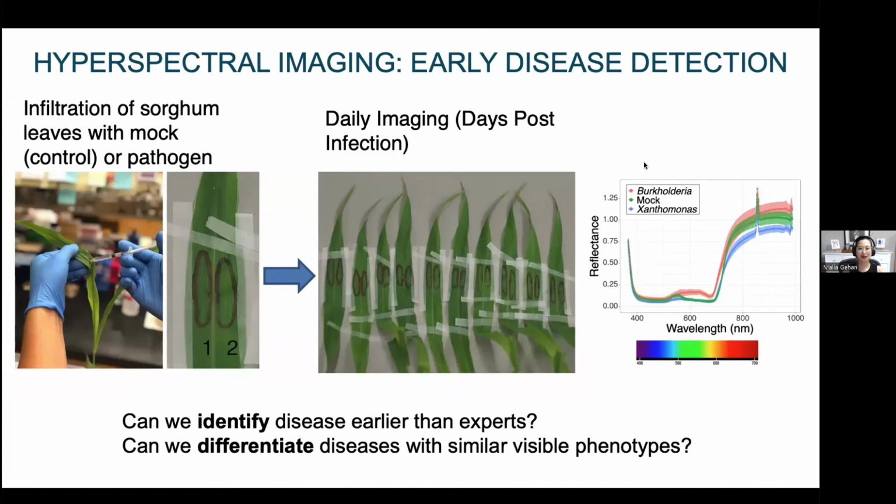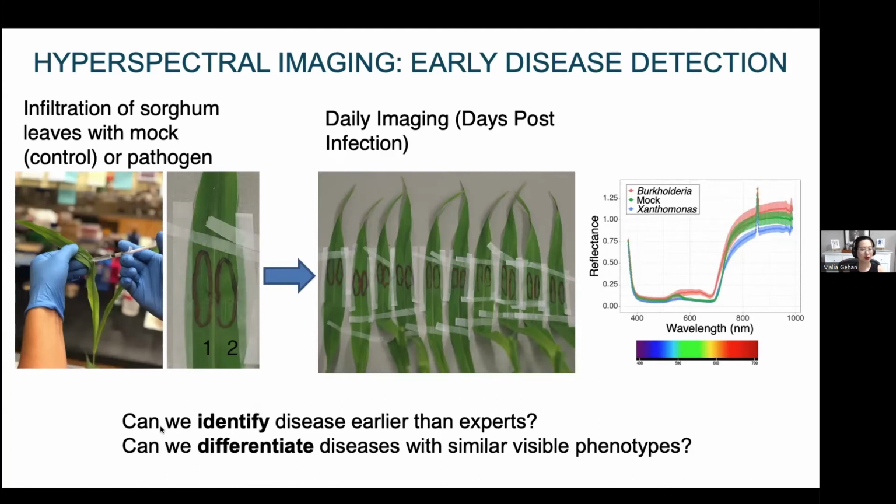And so I'm going to talk about 2 vignettes before the end of this talk. This is a project we had on hyperspectral imaging for early disease detection, using these new PlantCV and GatorSense tools that are now interoperable.